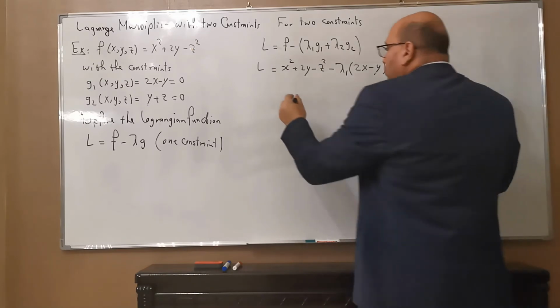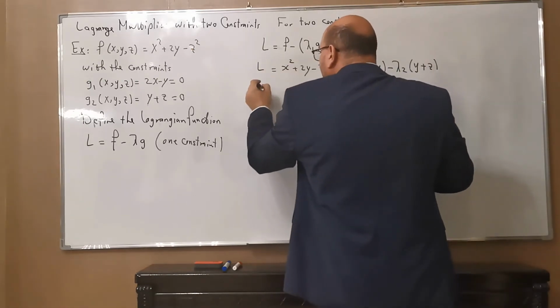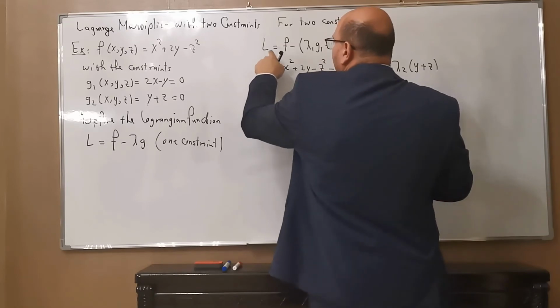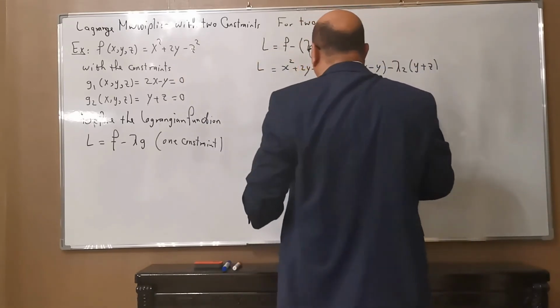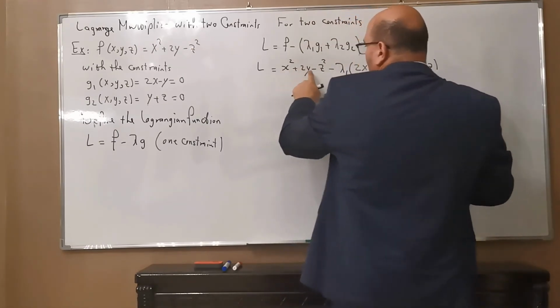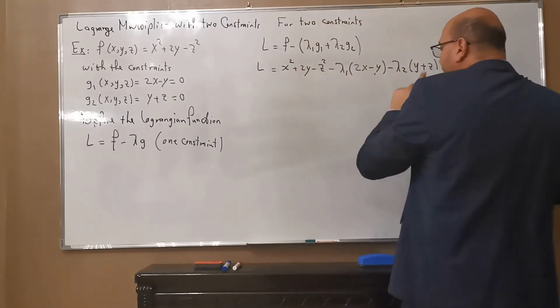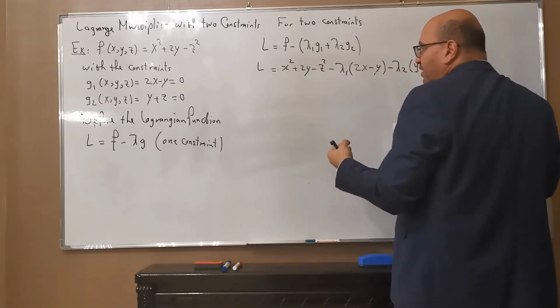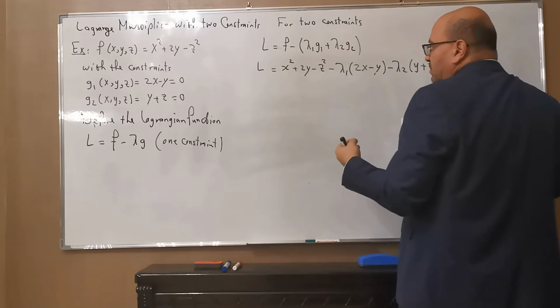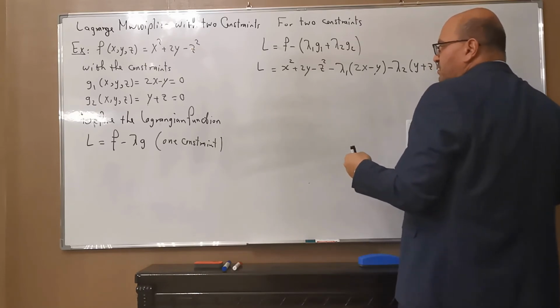Okay, now the next step is to take the derivatives of the Lagrangian function with respect to every parameter inside. Notice that you have 1, 2, 3, 4, and 5 parameters. So to solve this problem, we need to find 5 equations so that you have a unique solution.